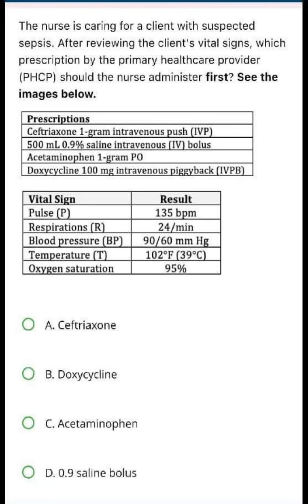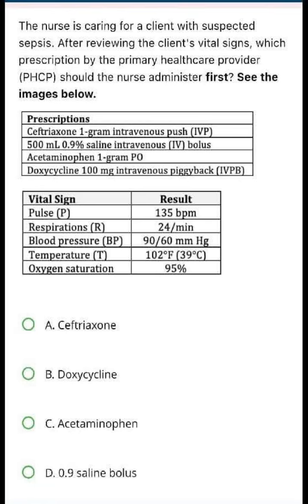So temperature of 39, should it be the first thing we attend to for somebody who has suspected septicemia or sepsis? Let's hold on. Next, administer saline 500 ml 0.9. Why should we administer saline?